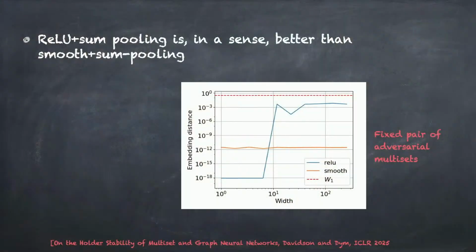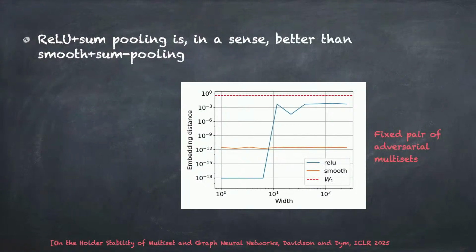An interesting thing is that when you look at qualitative separation, in a sense ReLU is actually better than smooth. We said before that this is not injective. Nonetheless, you can get a picture like this. Here you have a fixed pair of multisets, which are adversarial, so we know they're hard, especially for the smooth.